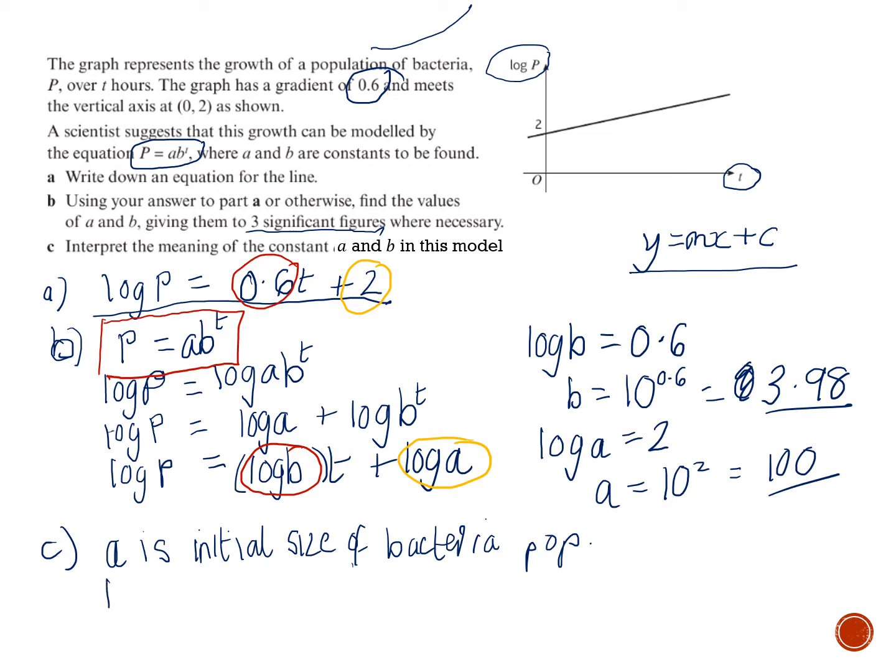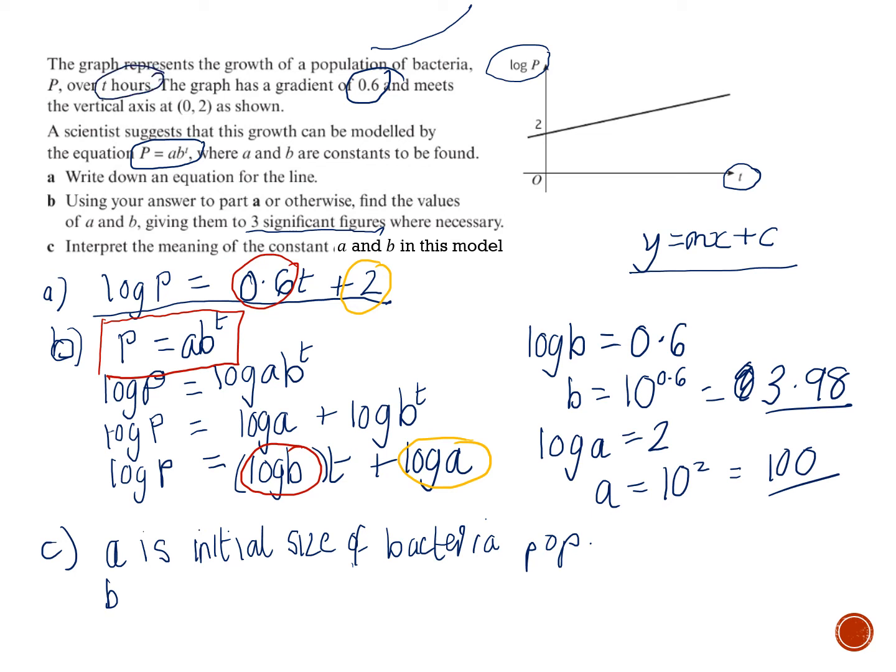What's B? Well, again, go back to our original equation here. P equals AB to the T. Now B is the factor by which the population increases every hour. So you think as T goes up by 1, back to the question, T is hours.